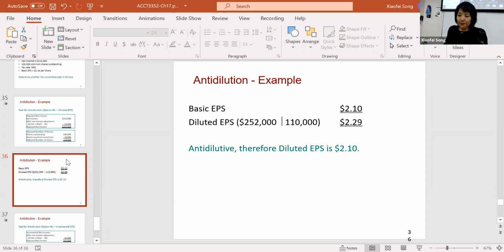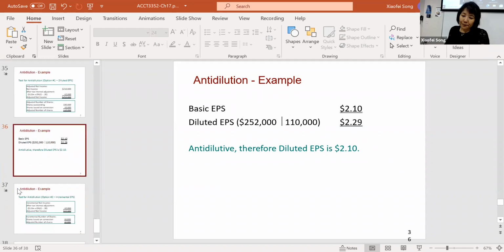If we have a bunch of potentially dilutive securities, how do we know which is dilutive and should be included, and which is anti-dilutive and should be excluded? We need to test the dilutiveness of each one.